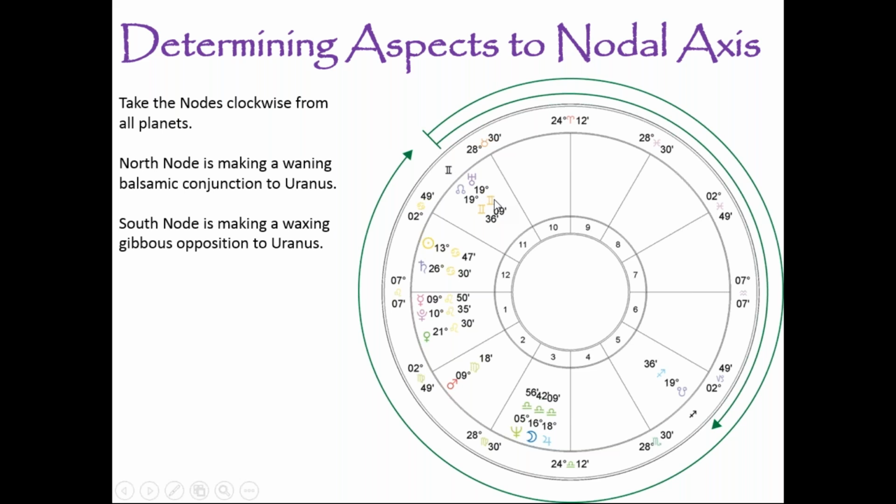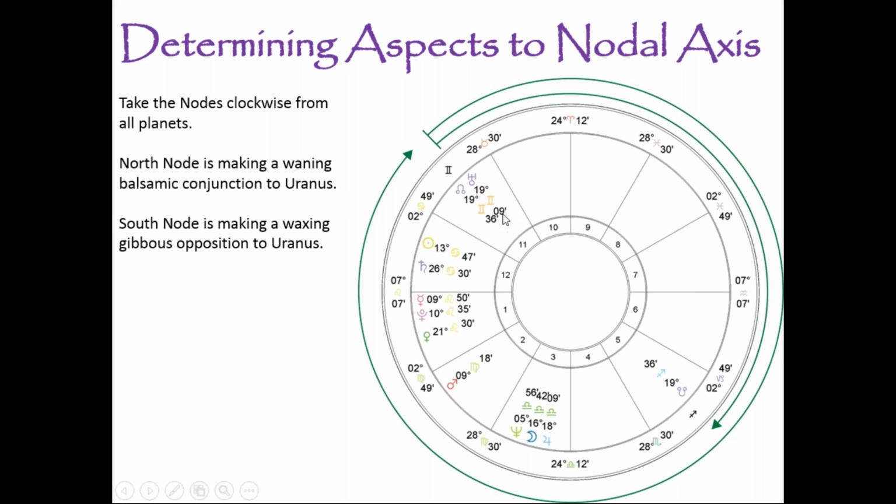And so Uranus becomes the starting point or the 0 point, which is what you see right here in this lineup with Uranus. Take this outer circle, it goes all the way around clockwise till it gets to the north node. And the north node is making a waning or balsamic conjunction to Uranus.